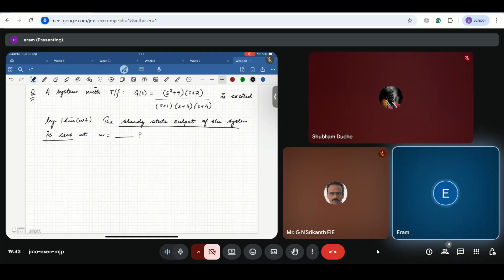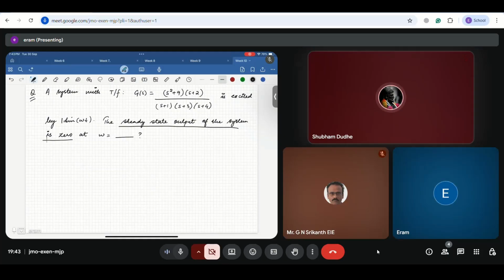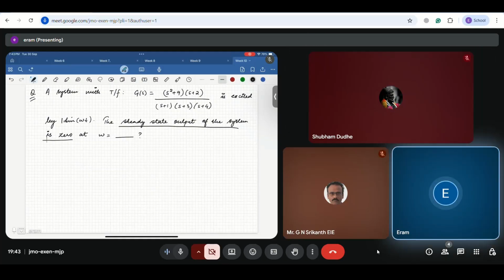So first find out the magnitude of transfer function, and then from there try to calculate the frequency at which that magnitude will be 0, because for a sinusoidal input, when the magnitude will be 0, then only the steady state output will be 0.